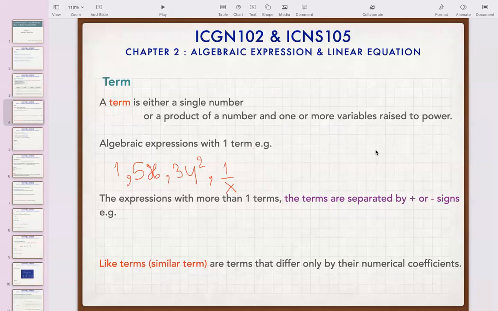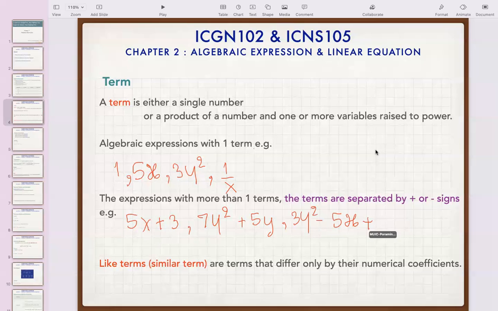So, when you have an expression with more than one term, the terms are separated by plus or minus signs. For example, 5x plus 3, 7y squared plus 5y, 3y squared minus 5x plus z.